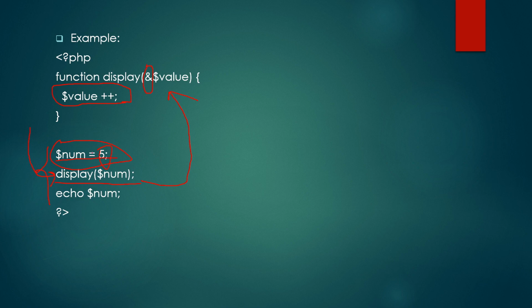Means this variable was still holding the value 5, but here now I am incrementing this variable by 1, so now it will hold the value 6. So in this case, even $num will be incremented by 1 because changes made to this variable will affect this variable as well. So when I just print out $num, I will see 6 onto the screen.